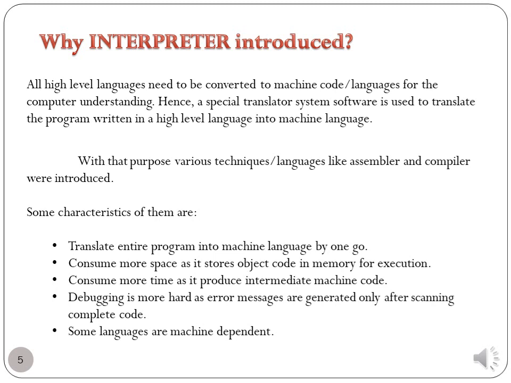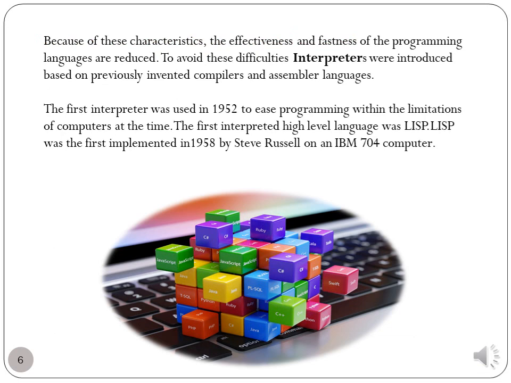They consume more time as they produce intermediate machine code, and debugging is harder as error messages are generated only after scanning the complete code, and also some languages are machine dependent. Because of these properties, the effectiveness and speed of the process was reduced.